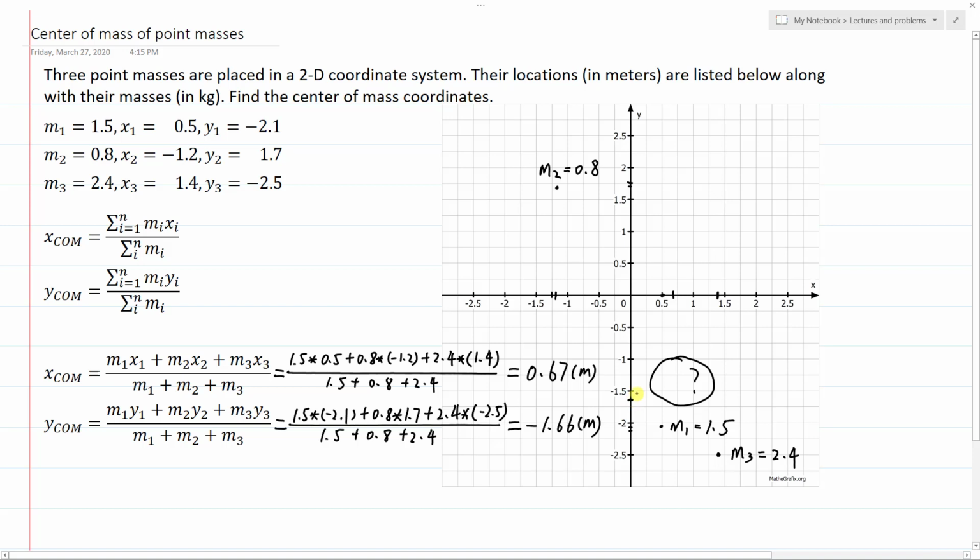So we have approximately, oh, look at that. My guess was not too far off. Good thing I drew a large blob. So that's where the center of mass is for this question.